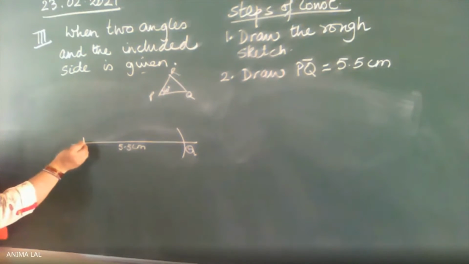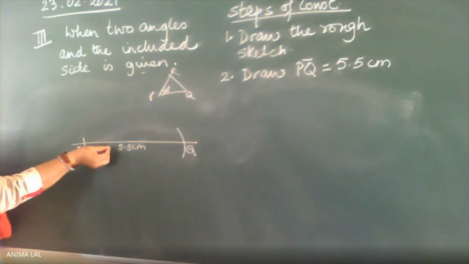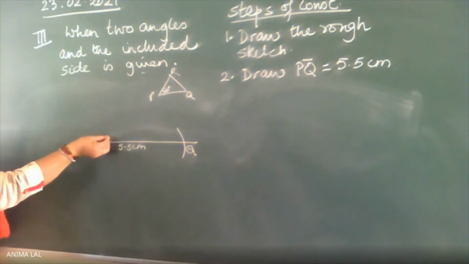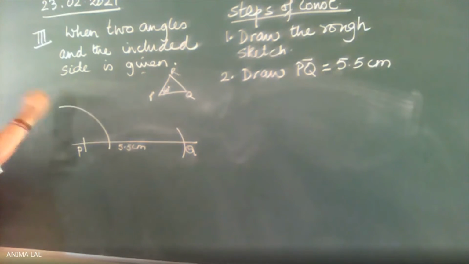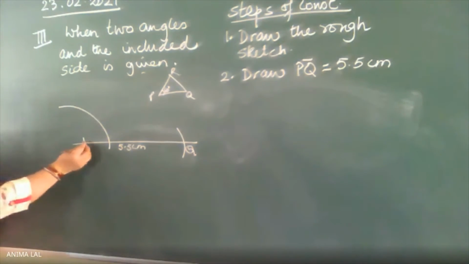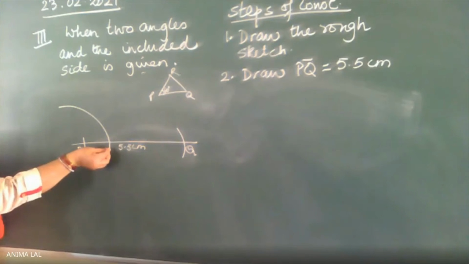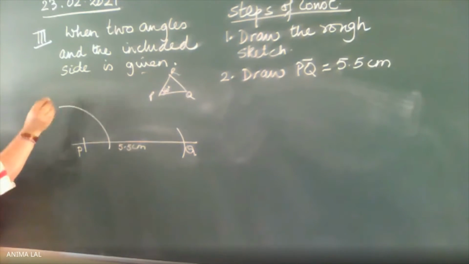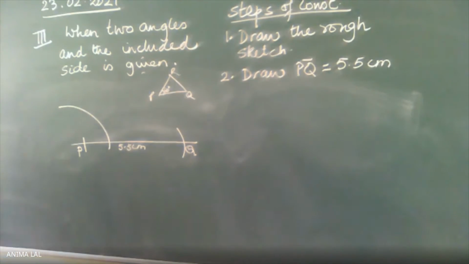With the compass point at P, radius less than half, starting from below the baseline, draw an arc moving up. Less than half. Okay? And don't change the radius after that.